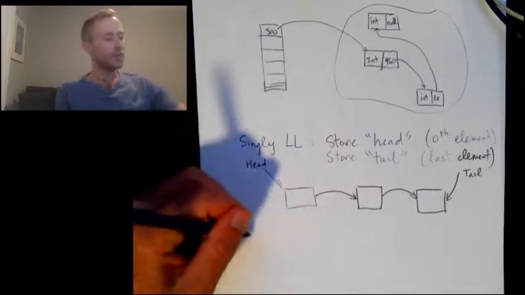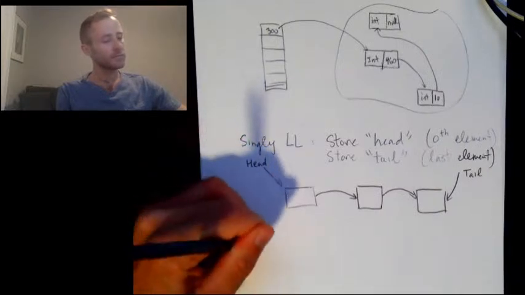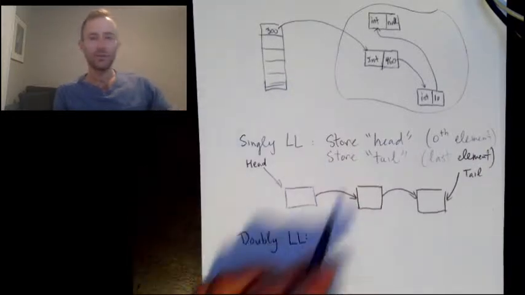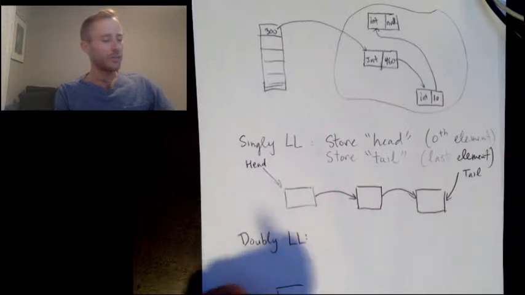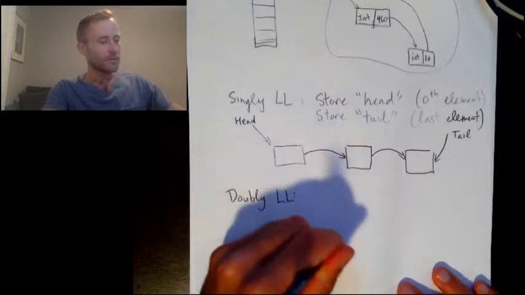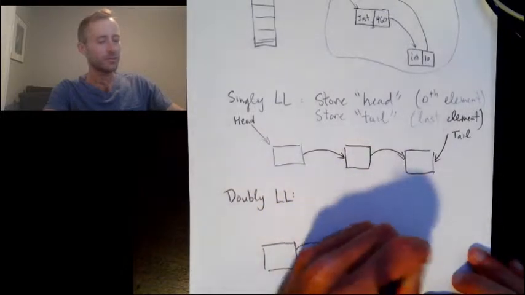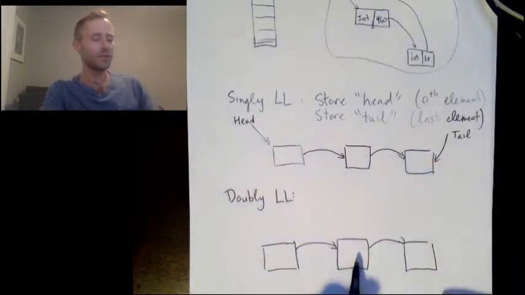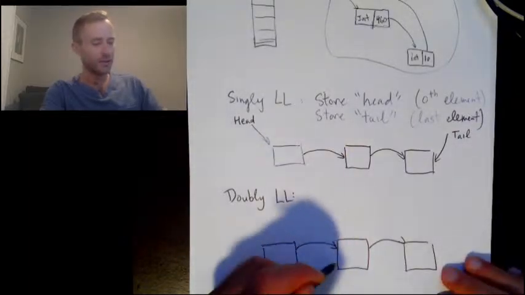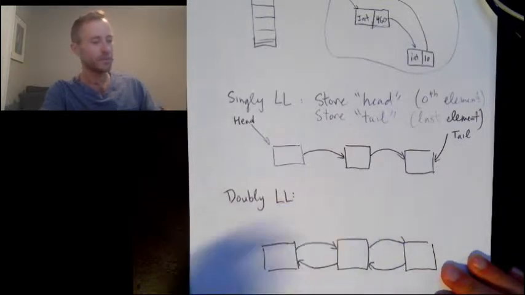If you have a doubly linked list, then you still are storing the head and the tail, but it's just like a singly linked list, but the difference is that the nth element of the linked list also has the location of the previous element, like so.